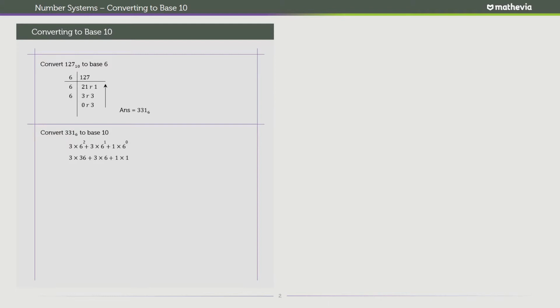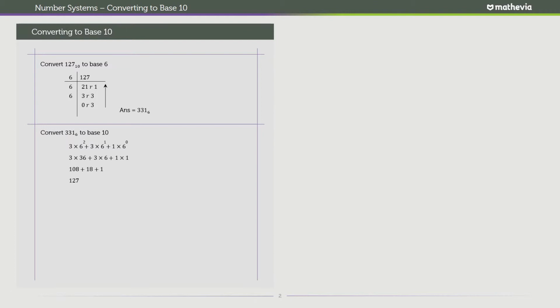In the end we have 3 times 36 plus 3 times 6 plus 1 times 1. 3 times 36 is 108, 3 times 6 is 18, and 1 times 1 is 1. If you add 108 plus 18 plus 1, what do you think we get? 108 plus 18 is 126, plus 1 is 127.